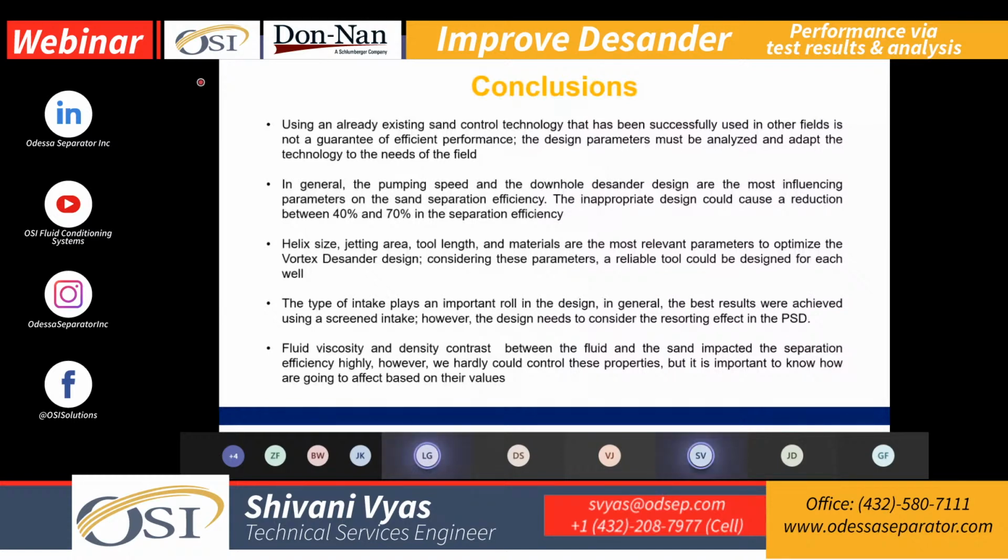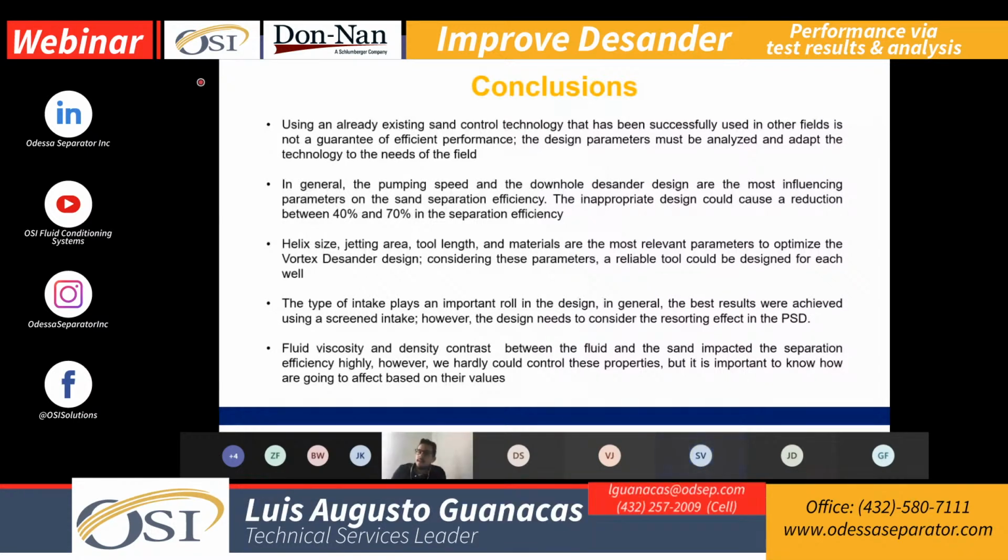Yeah, that's really important. The other really good conclusion we get from this analysis was, from the parameters that we can control, the ones that we can make decisions about, the pumping speed and the downhole desander design were the ones that had more influence on the separation efficiency.